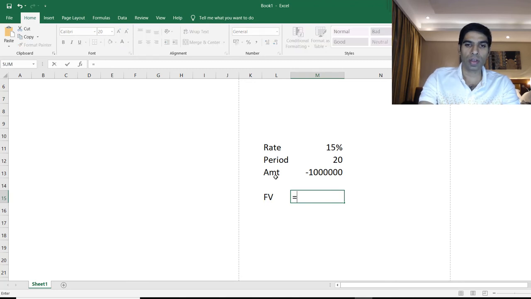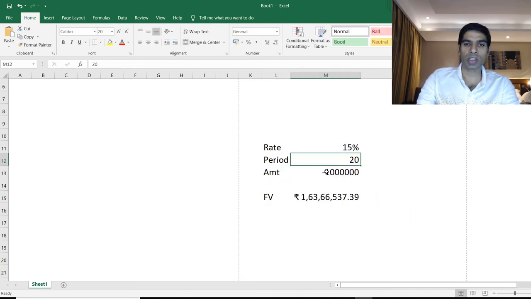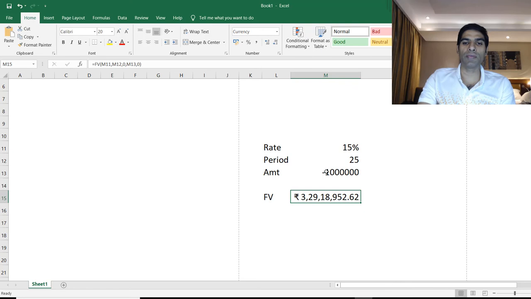If we look at future value, the rate is 15% and we're investing for 20 years, and we are investing 10 lakh rupees. So what would be the future value after 20 years? It'll be this much. Let's increase the period to 25 years. So it'll be 3 crore 29 lakh 18,952.